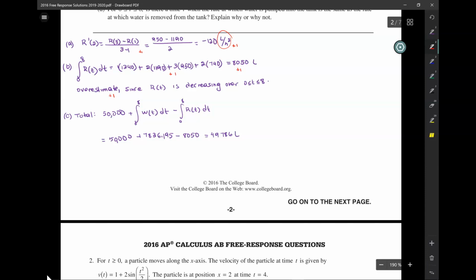Here, you get 1 point for showing the integral, and then 1 point for the answer. So it's also okay if you were to write 50,000 plus integral minus 8,050 in one step and then plug it in. Okay?